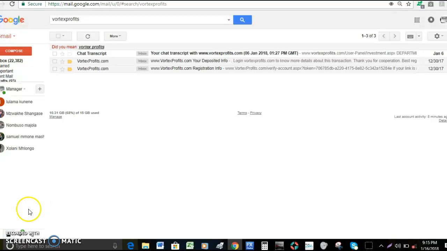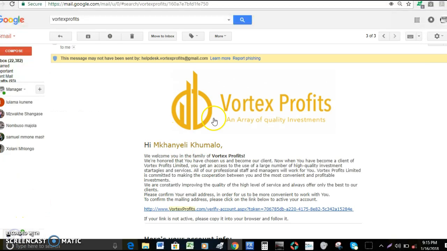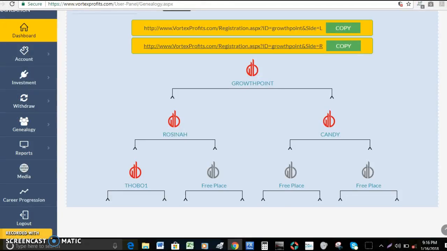But I don't want to show you my password. We all got an email like this, which was the first email. The first email shows your username, your password, but I have to hide that a little bit, because once you have that information, then you'll be able to take my money, which I don't want.